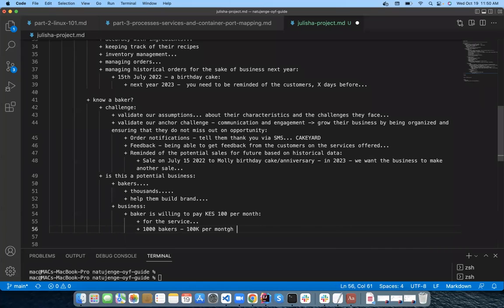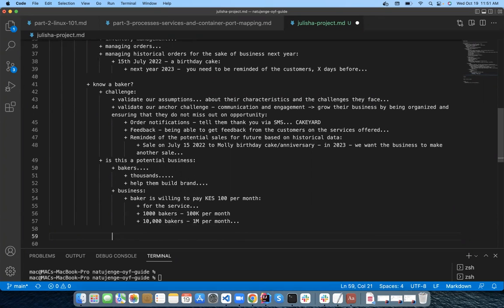And that's just the anchor products. And these guys will be doing very little. If you get 10,000 bakers, then you can get to 1 million per month. So I'm just highlighting and telling you guys, you can actually create a system and make little money. I know to some organizations this is very little money and there is no business case, but you're using these as a tool to help guys remember what they need to remember.